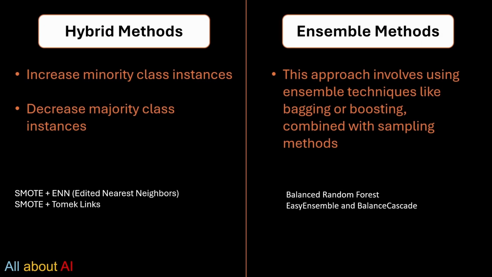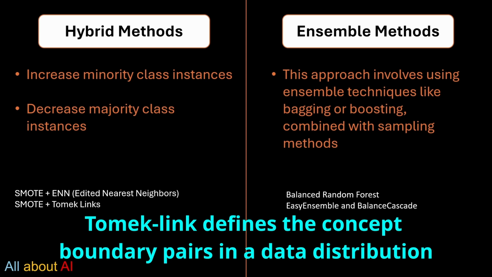The next way to do it is hybrid methods. In hybrid methods, we will increase the minority class, and at the same time, we will also decrease the majority class. We can use SMOTE plus Edited Nearest Neighbor or SMOTE plus Tomek links. Another way to do it is the ensemble method.